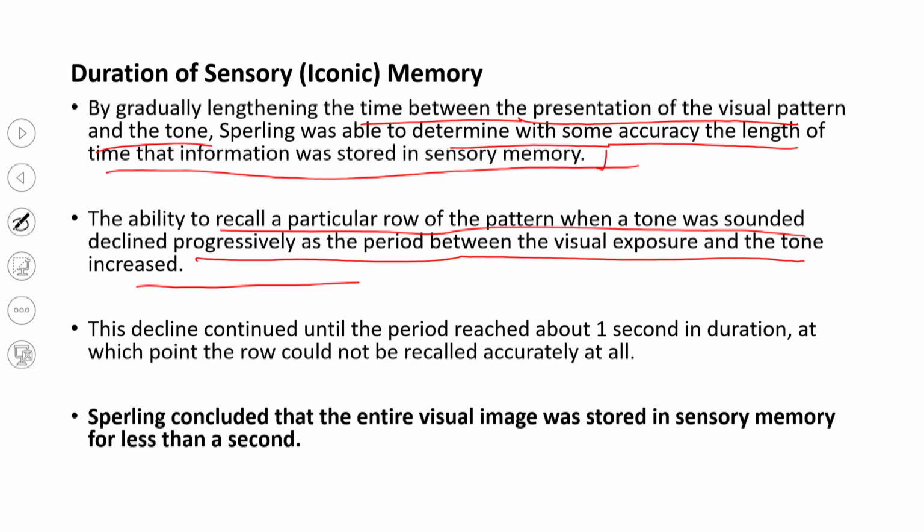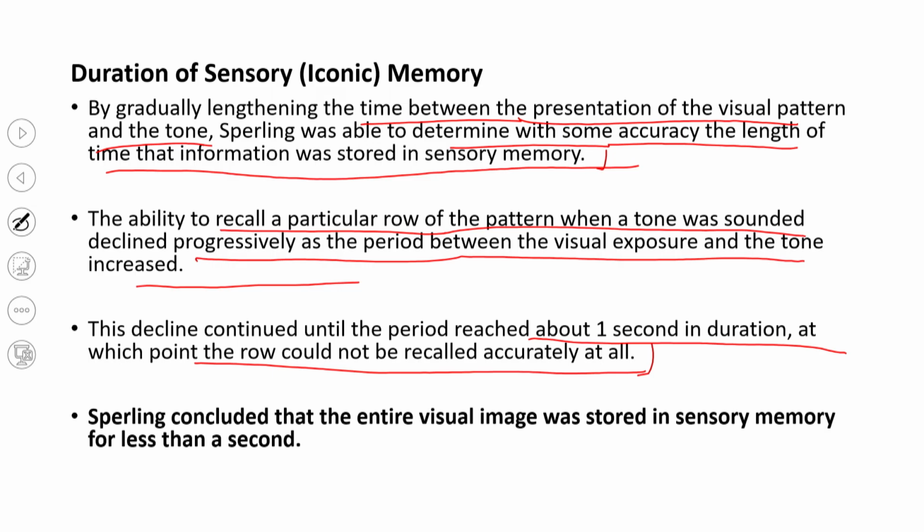The decline continued until the period reached about 1 second, at which point the row could not be recalled accurately at all. After 1 second of gap, the participant could not accurately recall even one row. So he could understand from changing the time period that visual information, or iconic memory, is stored for about 1 second.